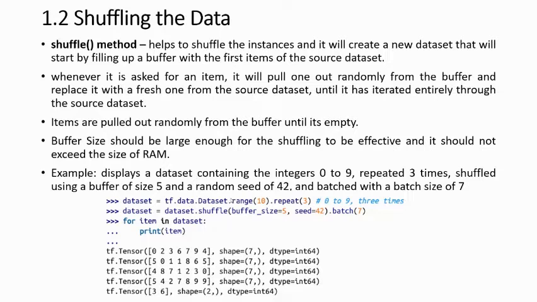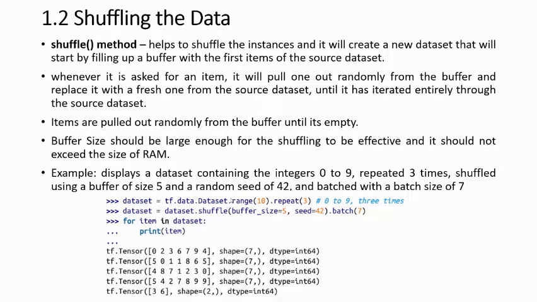In this shuffling the data concept, we create a new data set by using a buffer. We take the buffer and we update the buffer with the items which are there in the source data set. Whatever items are there in the source data set, we copy the items until the buffer is full.